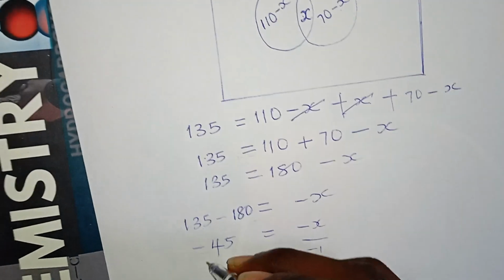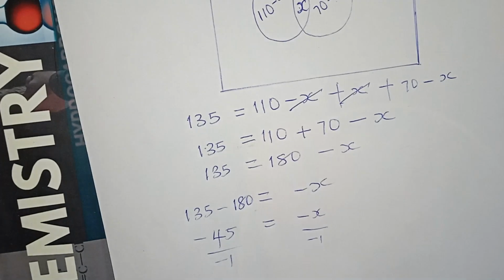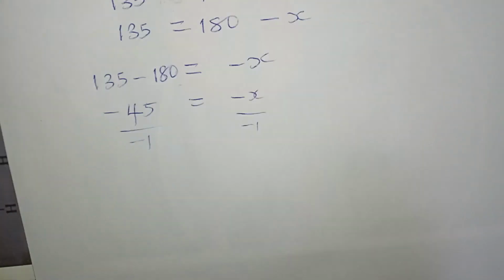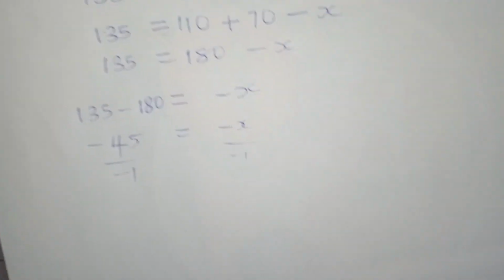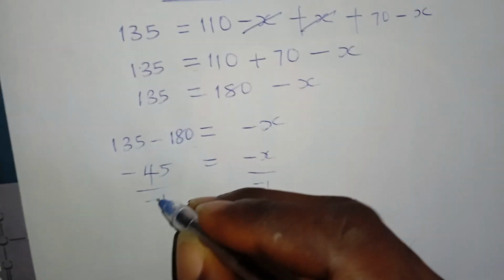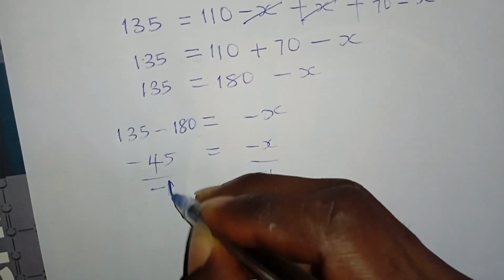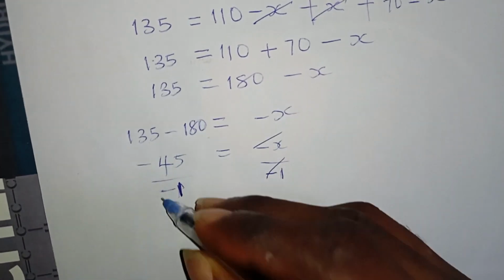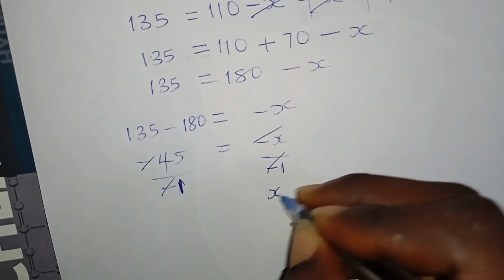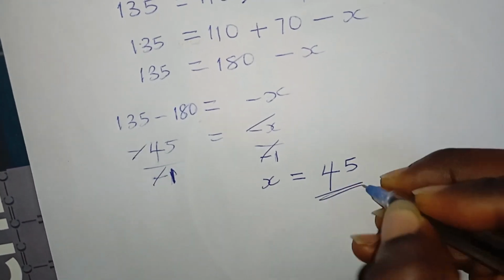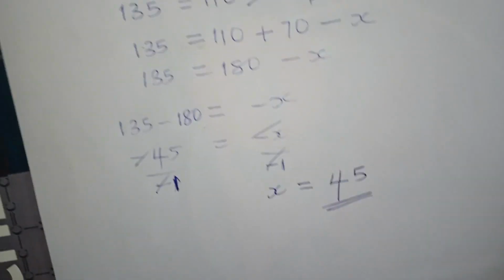Divide both sides by minus 1. This will cancel this, and you are left with X equals 45.